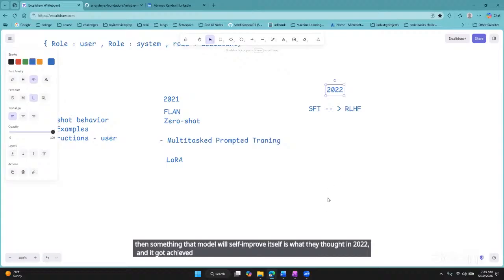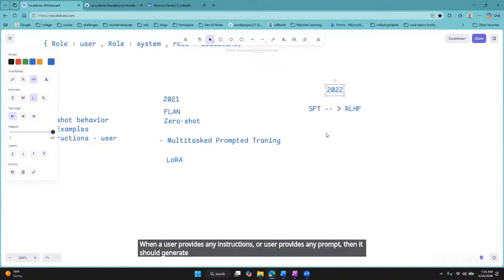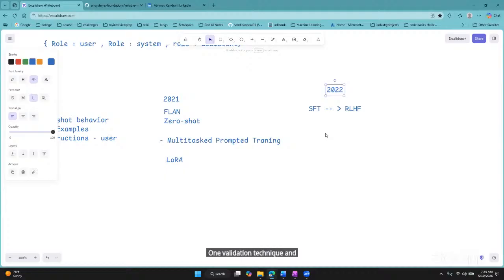Similarly, they progressed with synthetic data instructions in the model. When a user provides any instructions or any prompt, the model should generate its own synthetic data, follow the instructions, have its own validation technique, and provide a response to the user.